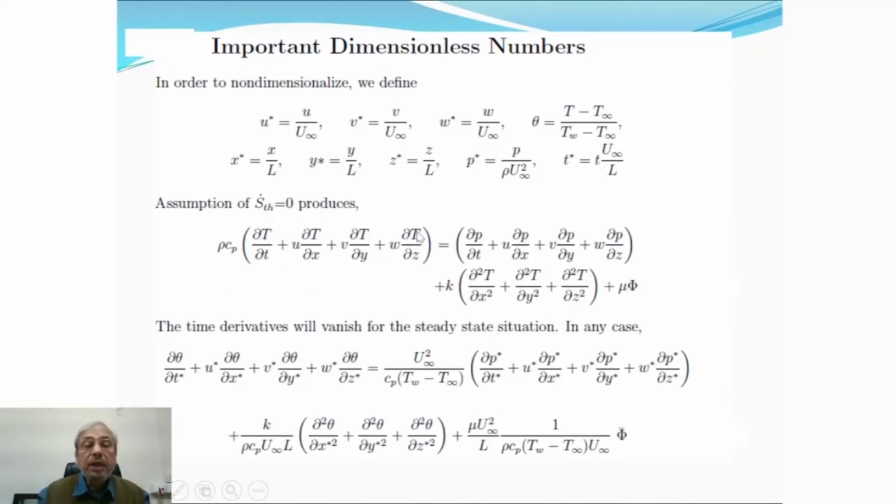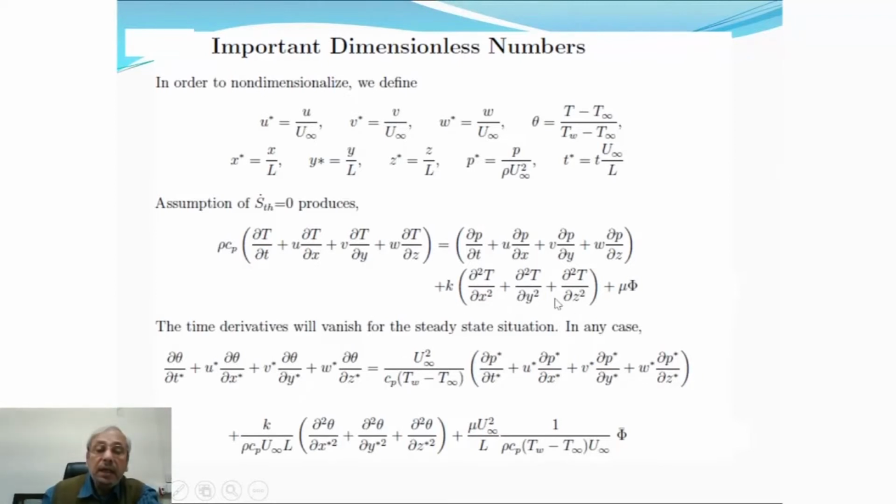So, for example, if we do that for the convective terms, outside we will get rho Cp Tw minus T infinity into u infinity by L. Same thing here: inside we will get all these terms, del theta by del T star, u star del theta by del x star, etc. And outside we will get rho u infinity cube by L.